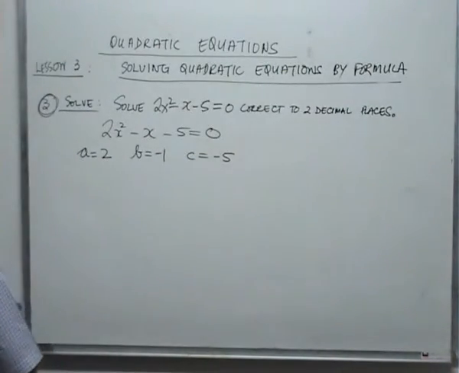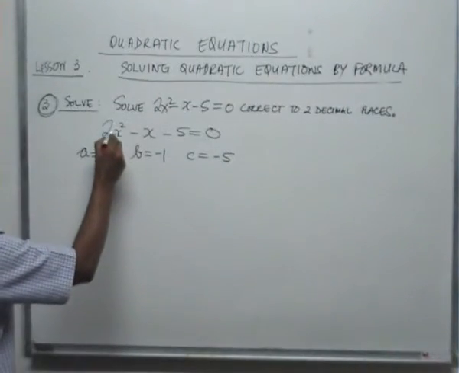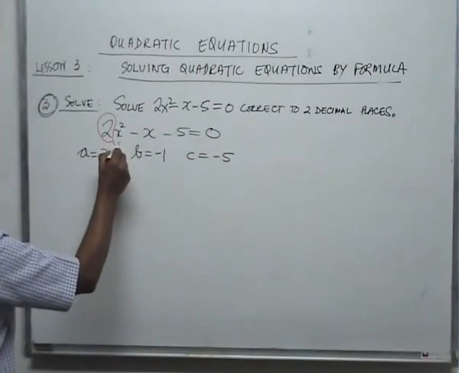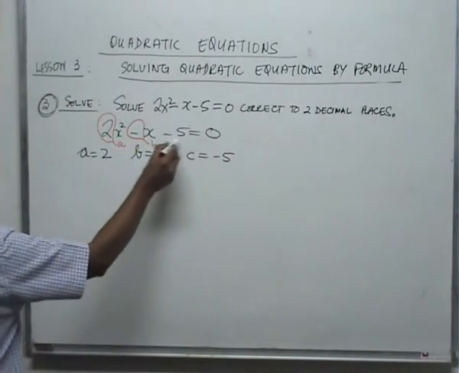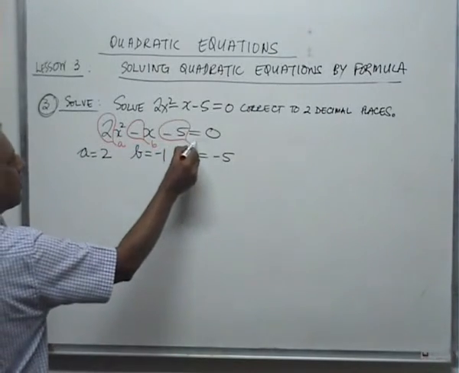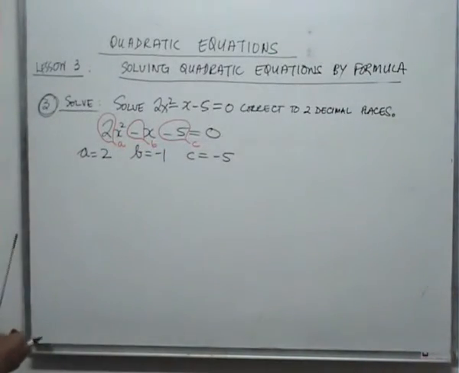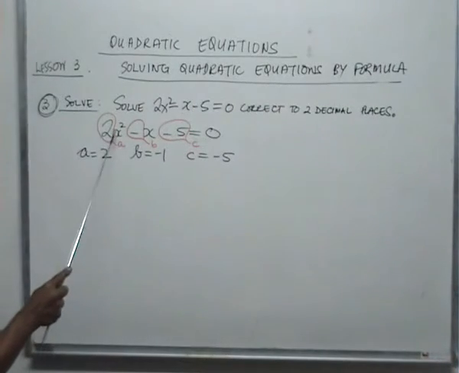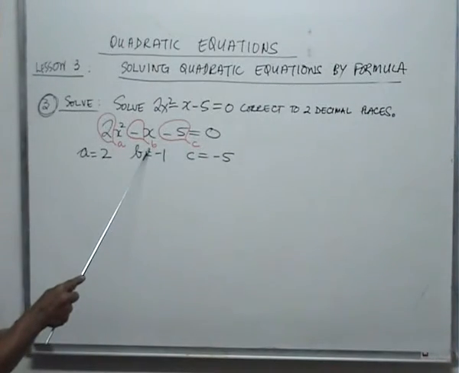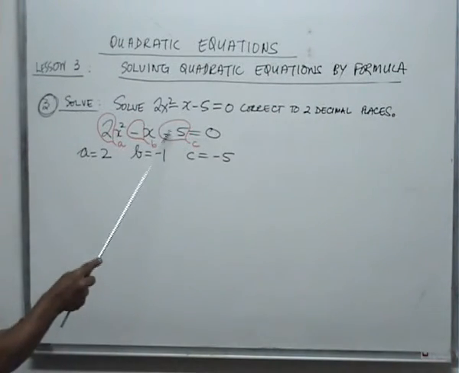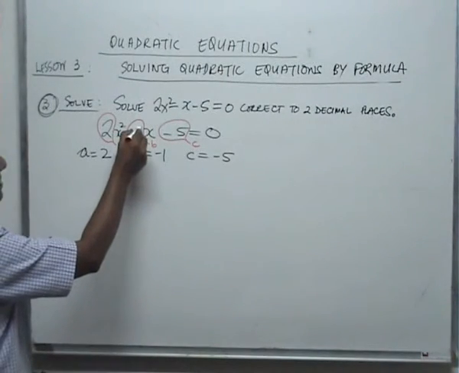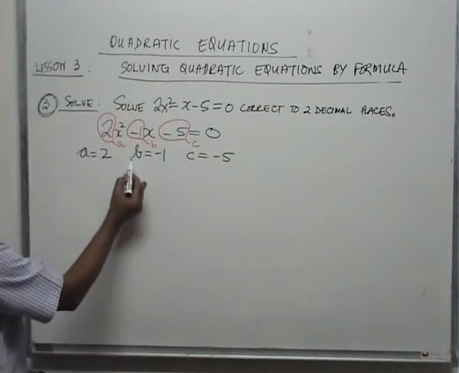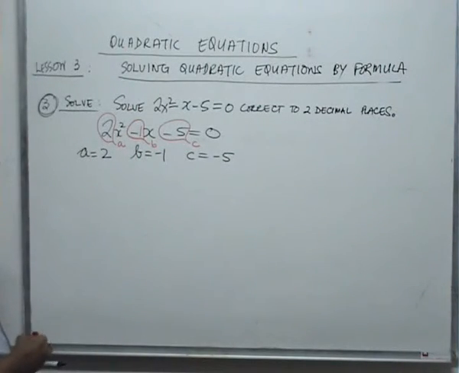Just in case you forgot, a is the number in front of x squared, b is the number in front of x, and c is the constant, or the number that's left over. Now if you look at b here, the 1 is understood. That's why b is minus 1.